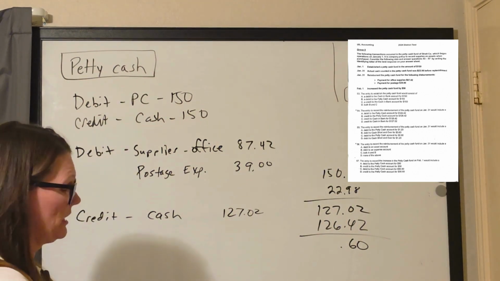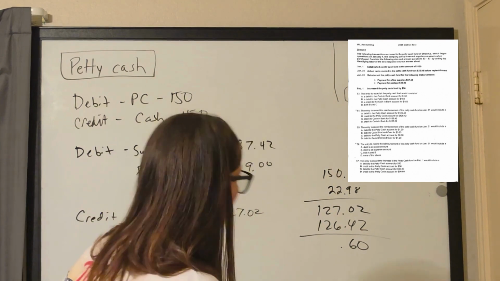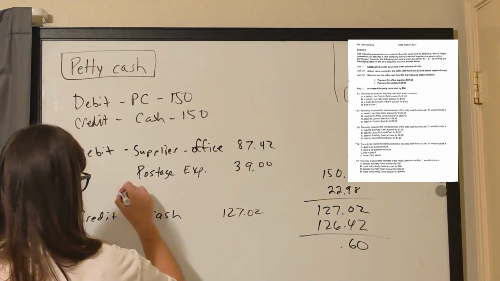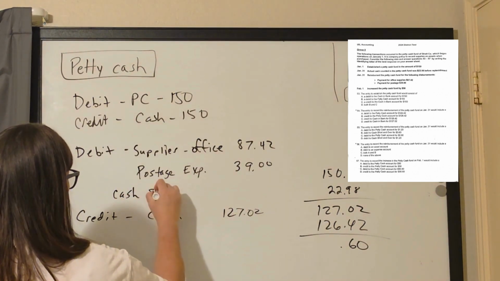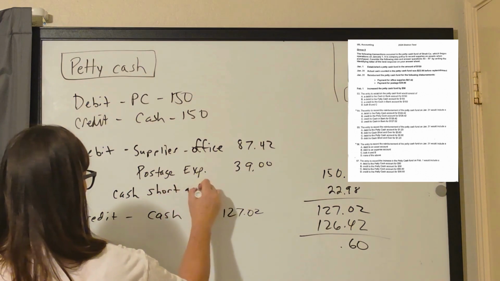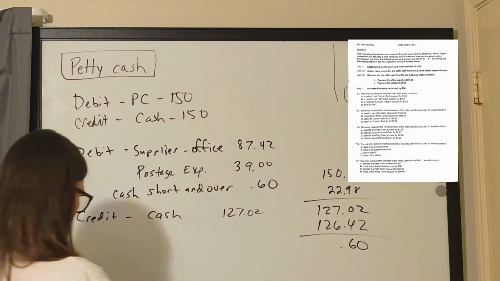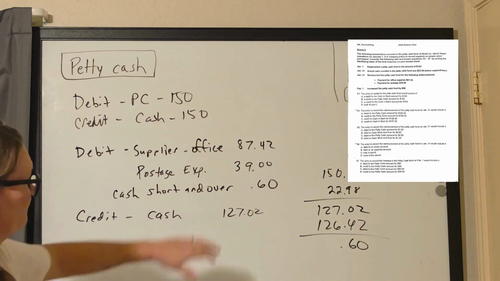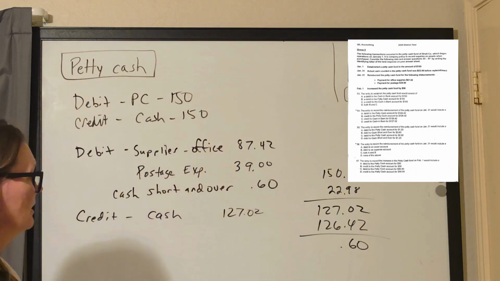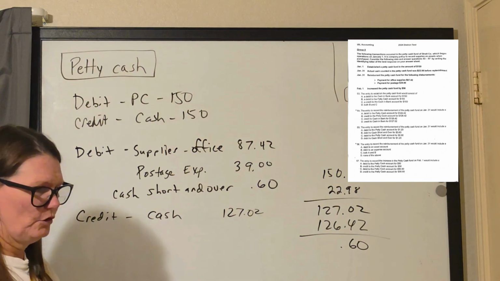So we were short 60 cents. So we're going to debit cash, short, and over by 60 cents. So now when you do the math, your debits now equal your credits.